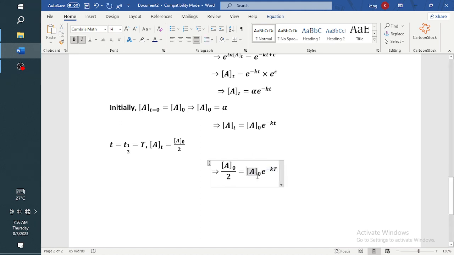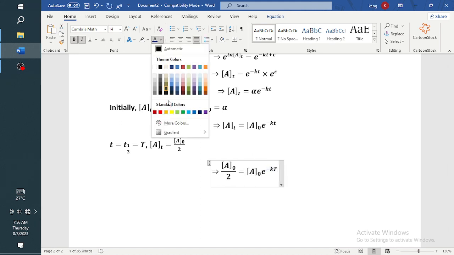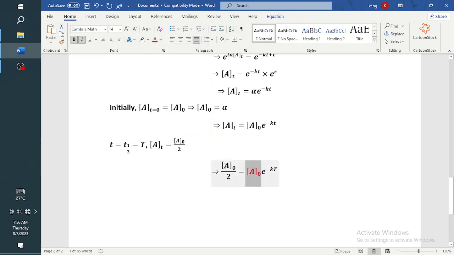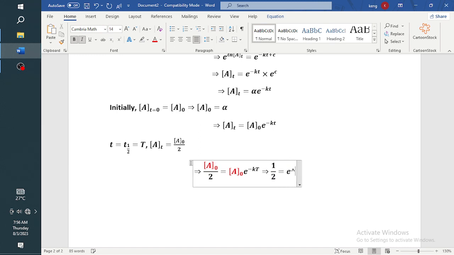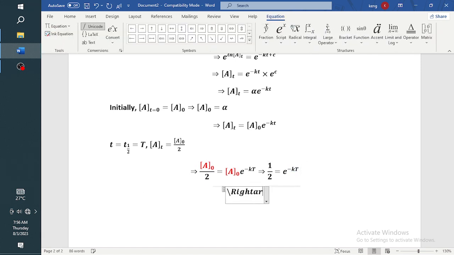We see that this concentration cancels with this concentration. On the left hand side we are left with half. On the right hand side we are left with e raised to the power negative kt. Now we can take ln on both sides, since we need k.